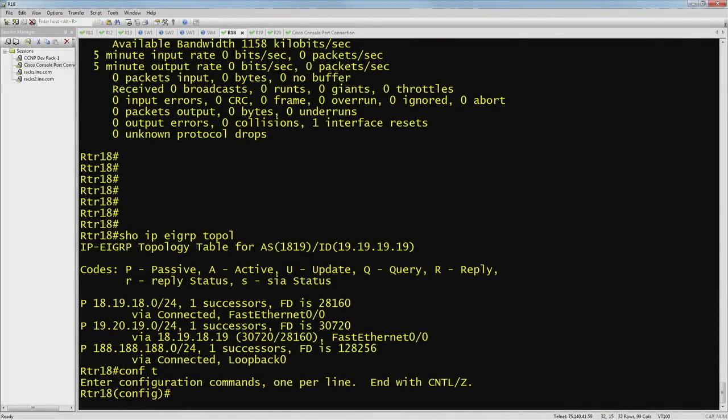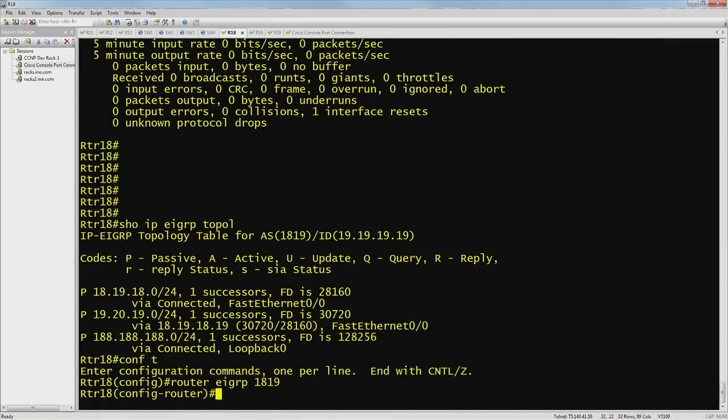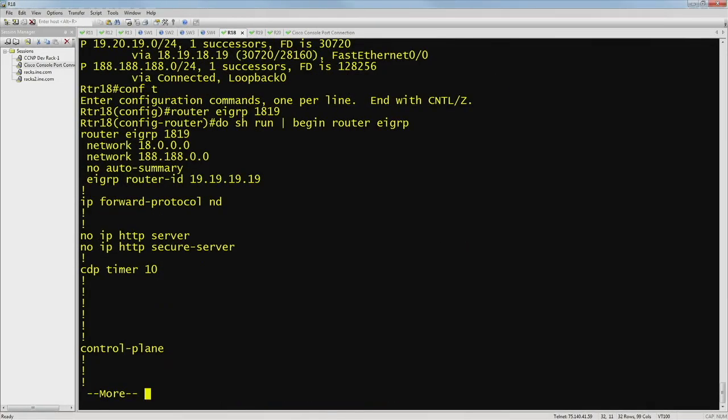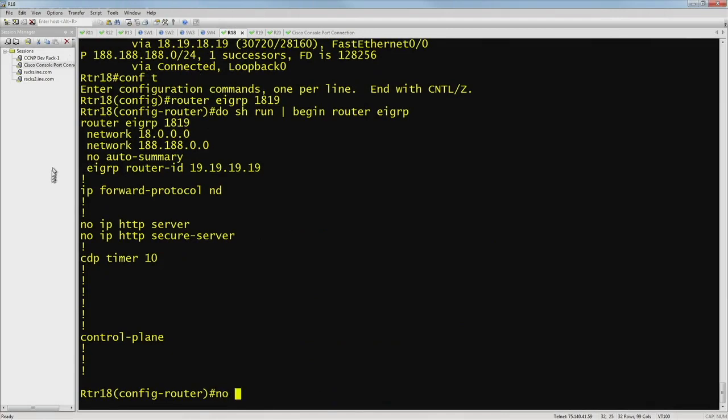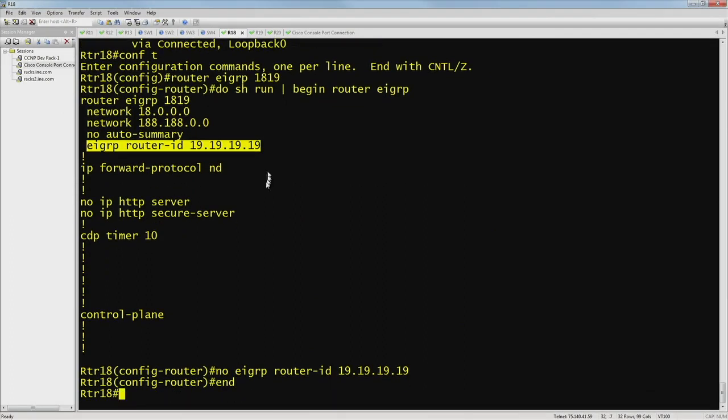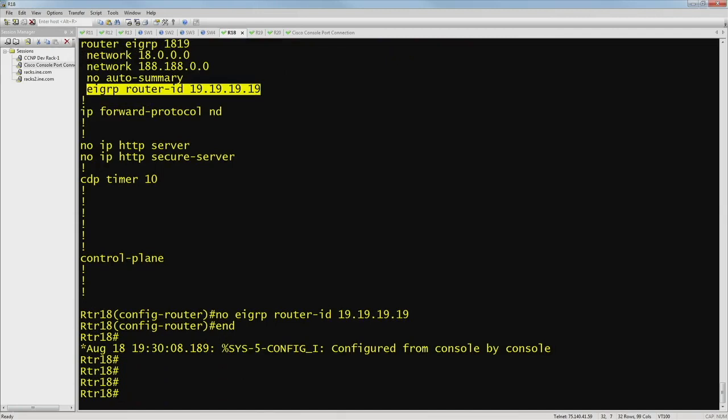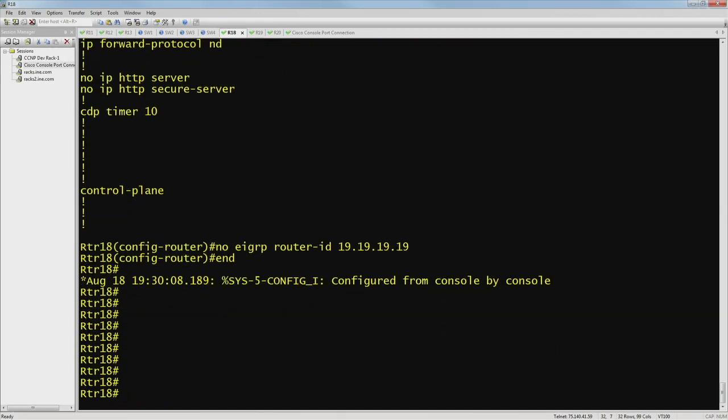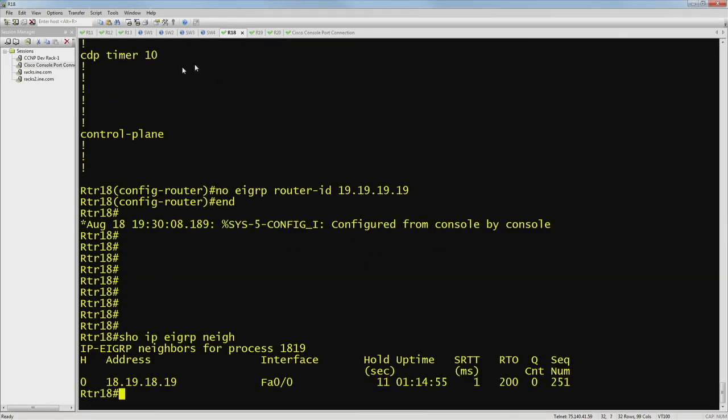Okay. Router EIGRP 1819, do show run. All right. Show ip eigrp neighbor. Okay, that looks good.